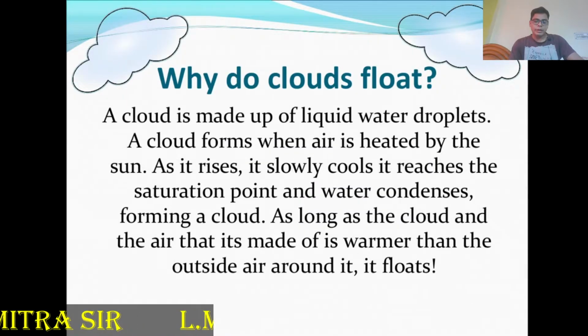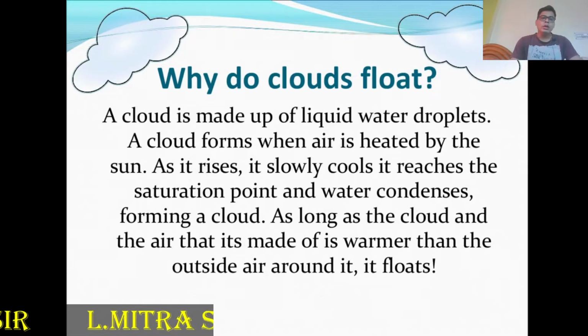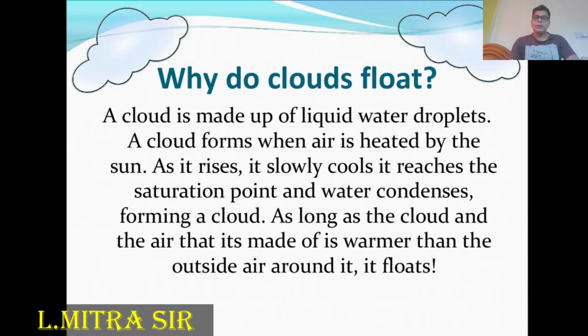The first question that can come after the definition is why do clouds float, or why are all the clouds floating in the atmosphere. A cloud is made of liquid water droplets, known as water vapor.